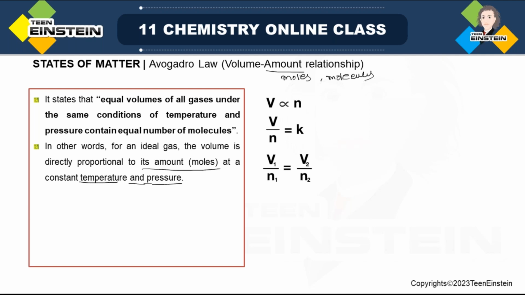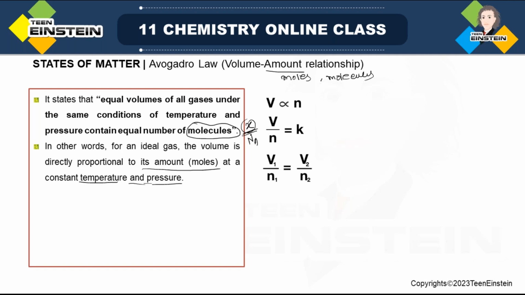So n we have considered as the number of moles, and V is directly proportional to the number of moles. Here it is written molecules, but suppose there are X number of molecules, and you divide it by Avogadro number, which is 6.022 times 10 to the power 23 of any species. When you divide this number of molecules X by Avogadro number, you get n.